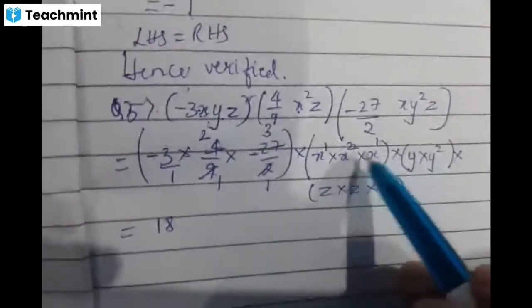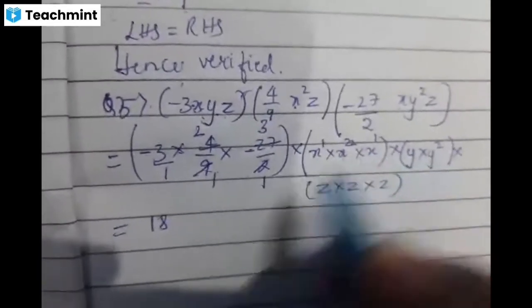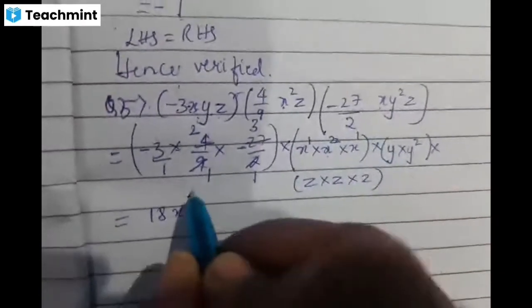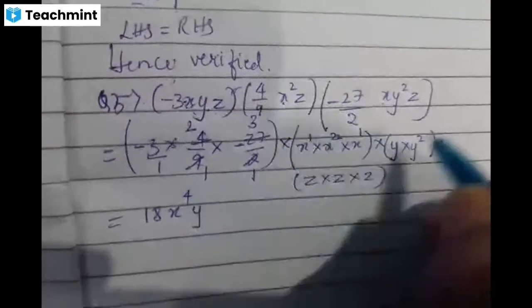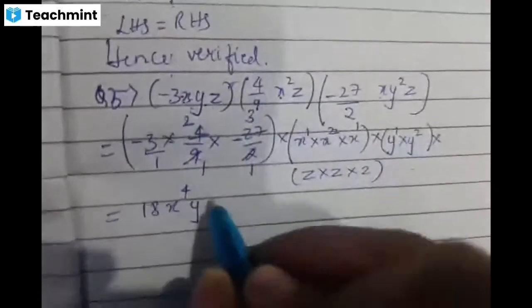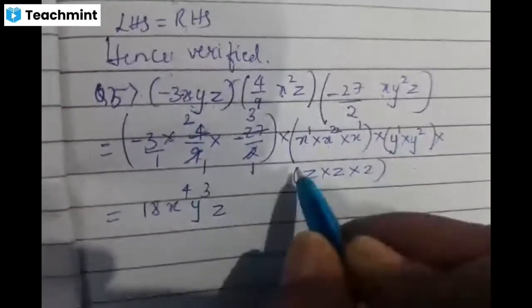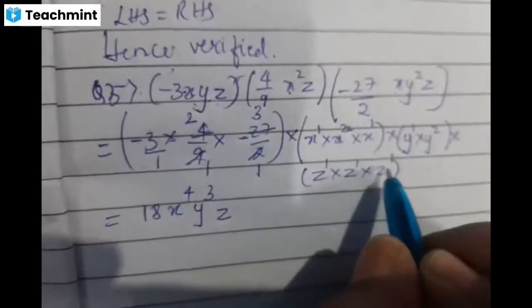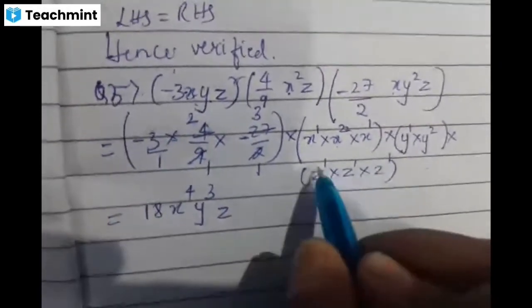Nothing is there, we will write 1 children. So, x into x to the power of 2 into x. So, x to the power of 1 plus 2 plus 1, which is 4. Y to the power of 1 plus 2 is 3. Z to the power of, nothing is there means it is understood. 1 will always be there. When bases are same, you should add the powers. So, Z to the power of 3.